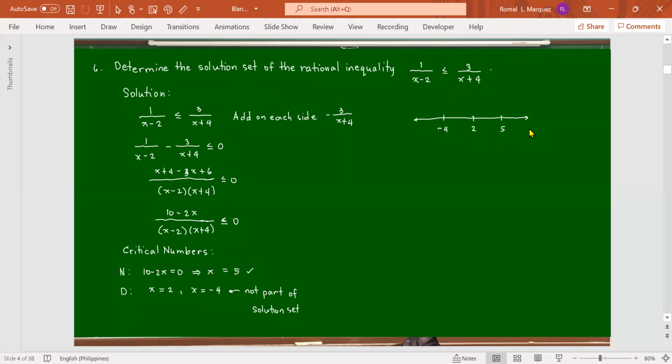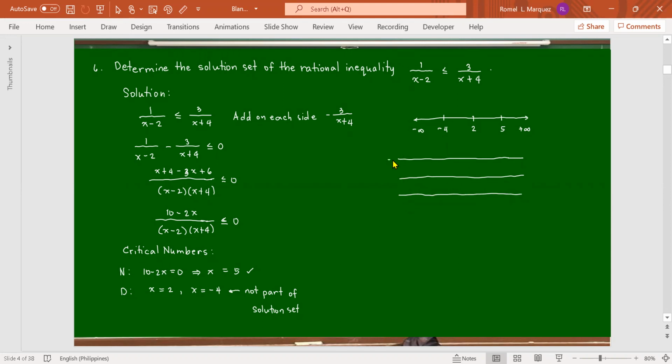So this is going to be positive infinity to the right, negative infinity to the left. There are three expressions to consider, one in the numerator and two in the denominator.